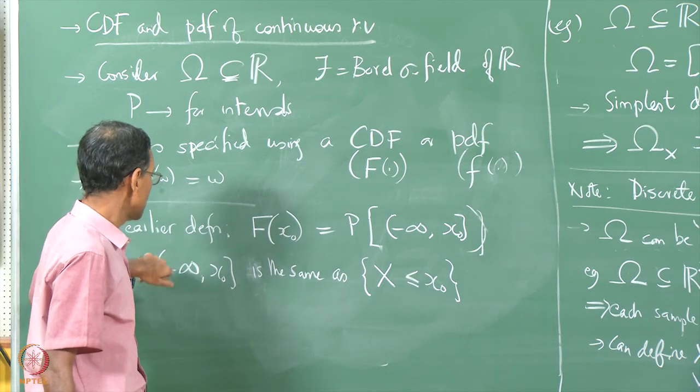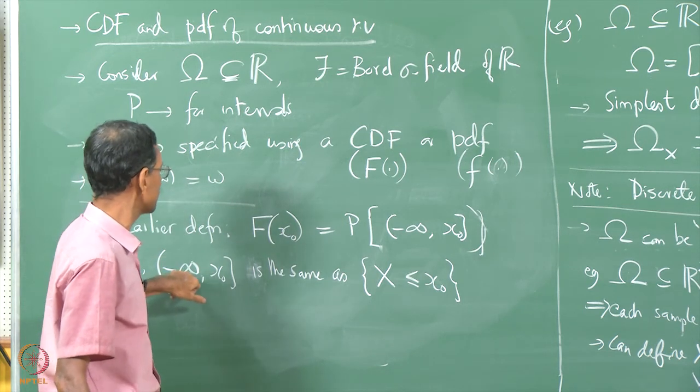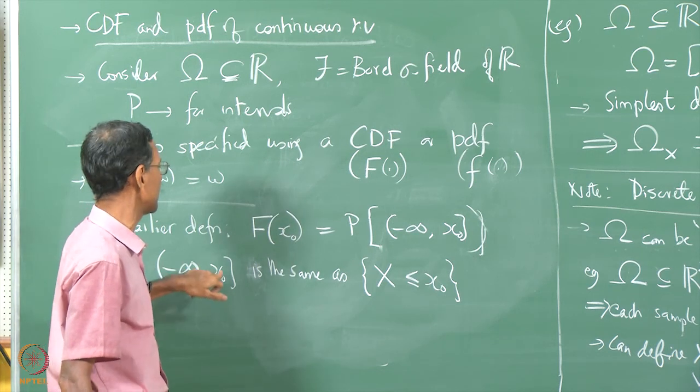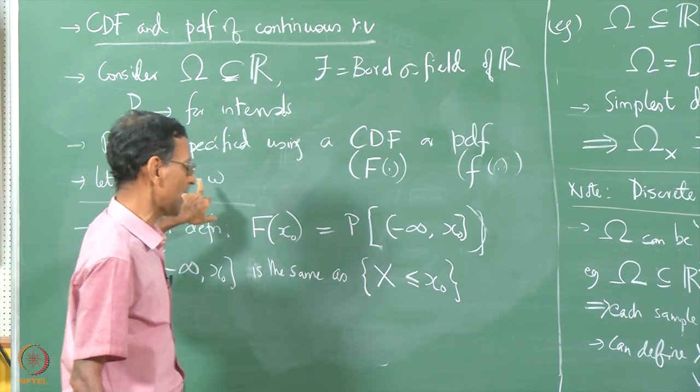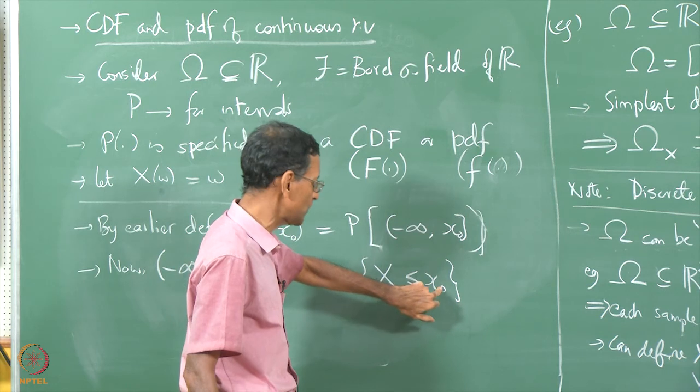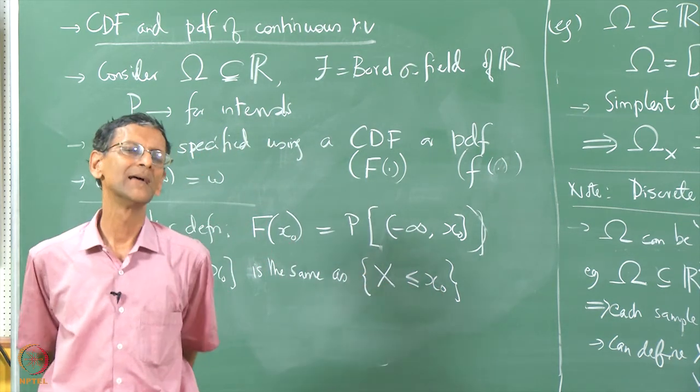So you get some number between minus infinity and x naught, that is the value taken by the random variable, and therefore the random variable has to be no bigger than x naught.